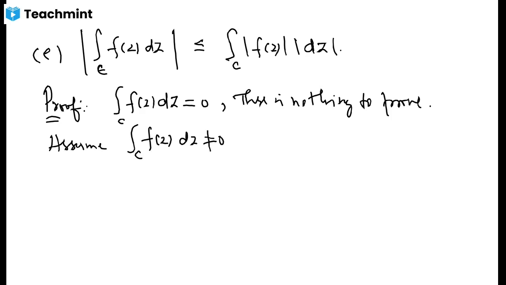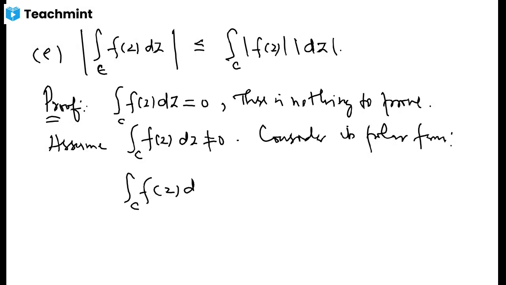So this is a non-zero complex number, and a non-zero complex number has a polar form. Consider its polar form, r e to the power i theta, where r is its modulus and theta is its argument.